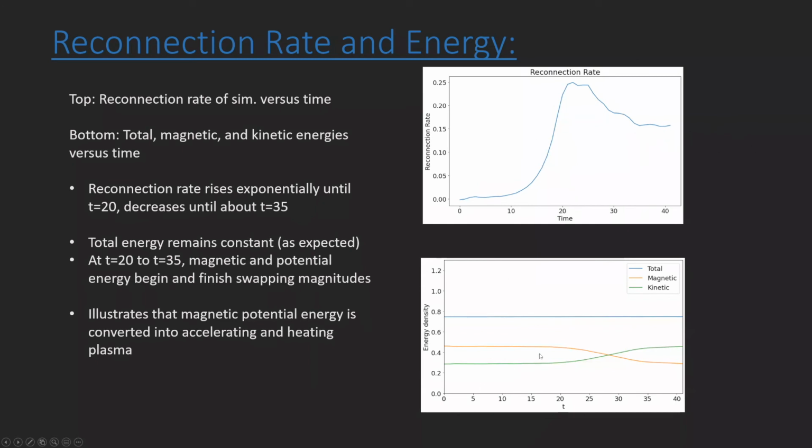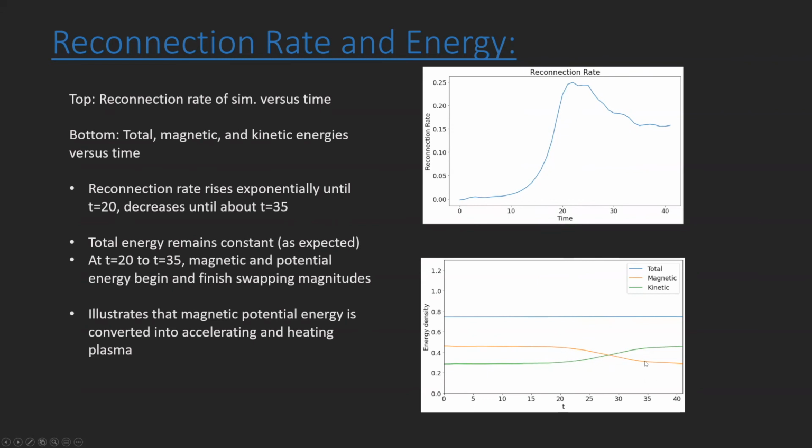For the energy plot, we see that total energy is constant the entire time, so we didn't violate conservation of energy. But we can also see the magnetic and kinetic energies remain at the same values until t equals 20, and then they kind of swap values. So the kinetic energy gains the same magnitude that the magnetic energy did.